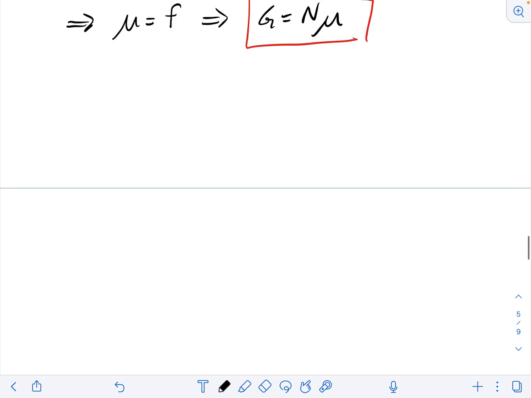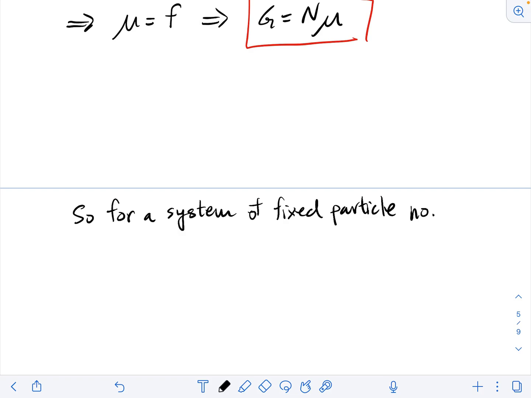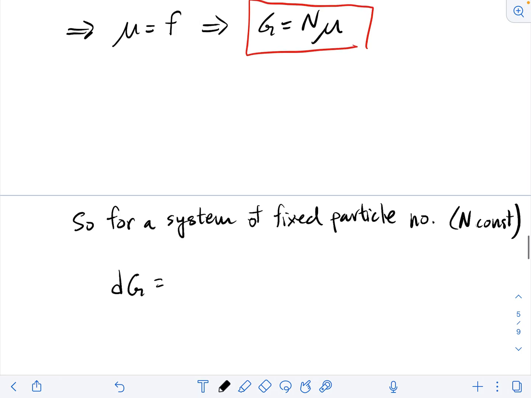So, for a system of fixed particle number, so N is constant, dG, so G is N times mu, but N is a constant, and so that means dG is N d mu.